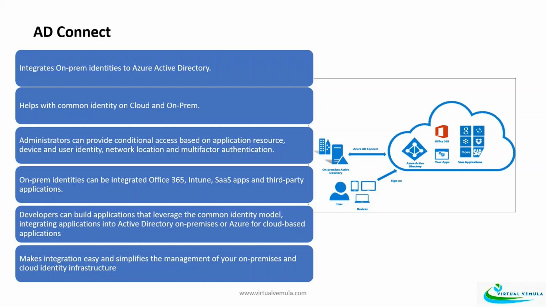Your users need not have two identities, one on cloud and the other on premises. If you have AD Connect in place, it synchronizes the identities and users will have a common identity both on premises and Azure cloud. And it also helps you to use features like conditional access, multi-factor authentication, single sign-on.